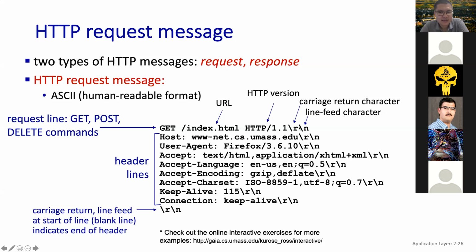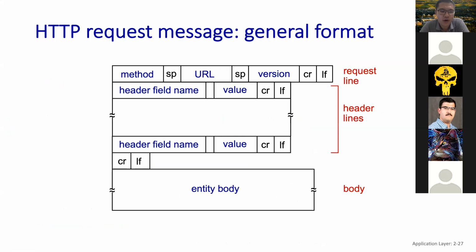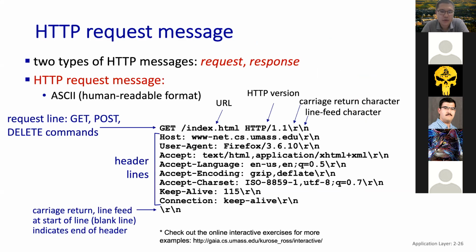The format of the first line, the request line, is: method, space, URL index.html, space, version HTTP/1.1, and then the return when the line ends.